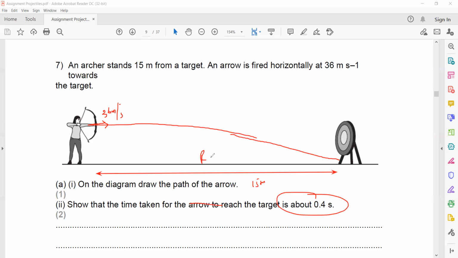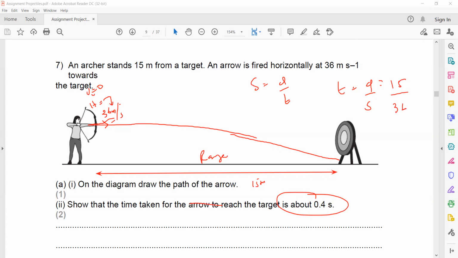So we have the range and we have the initial speed, and this is the horizontal speed because vertically the initial velocity is 0, horizontal speed is 36. So we have the formula speed is equal to distance over time. So time is equal to distance divided by speed. Distance is 15 and the speed is 36.